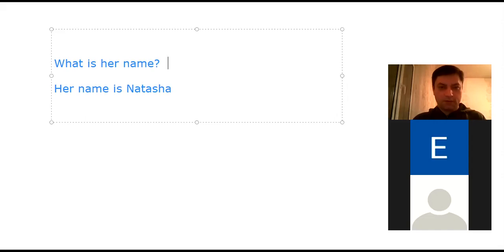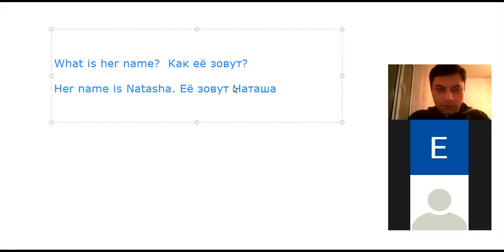The first sentence will be translated as как ее зовут? And this one will be ее зовут Natasha. Okay, yeah. So you know how to use this phrase.